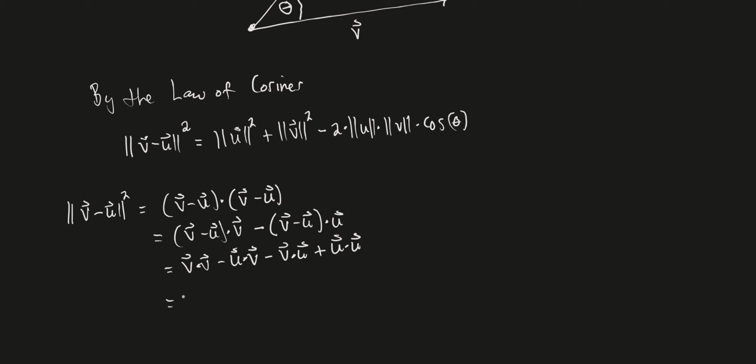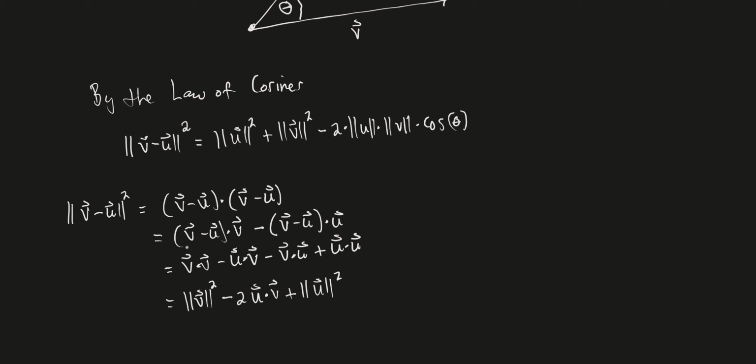V dot v is the magnitude of v squared. Now, from the commutativity property, these two are the same. Whether I take u dot v or v dot u, they're equal, and I have two of them, but they're negative. So this will be negative 2 u dot v, and then over here, this will be plus the magnitude of u squared, right? So that's the left-hand side of the law of cosines.